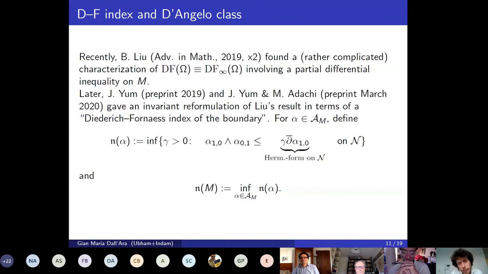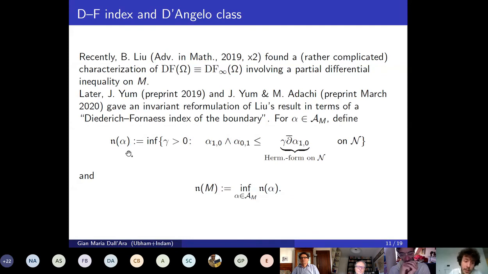And it's immediately apparent that this quantity is at least homogeneous of degree 1, in the sense that if you multiply by t, a real positive t, alpha, then multiplying both sides of this inequality by t squared, you see that the N of t alpha is t times N of alpha. So it starts resembling some kind of norm.